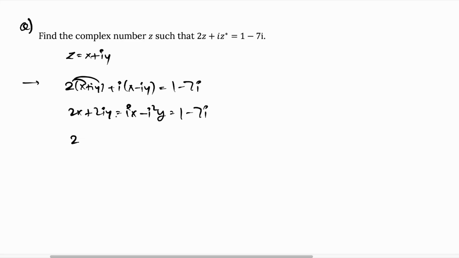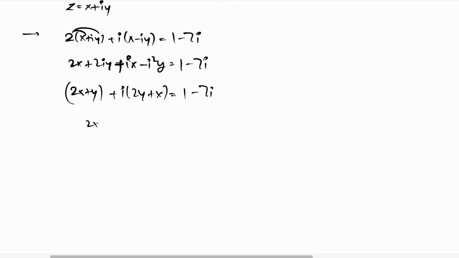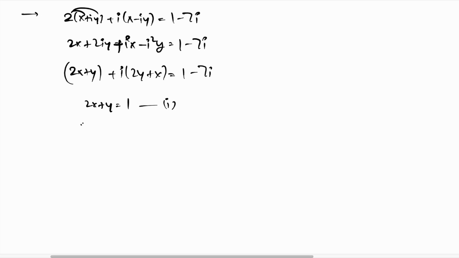Sorry, there's a plus sign here. So i squared is minus 1, so the real part is 2x plus y, and the imaginary part is i times (2y plus x). So again, I get my two equations: the first one is 2x plus y equals 1, and the second is 2y plus x equals minus 7.